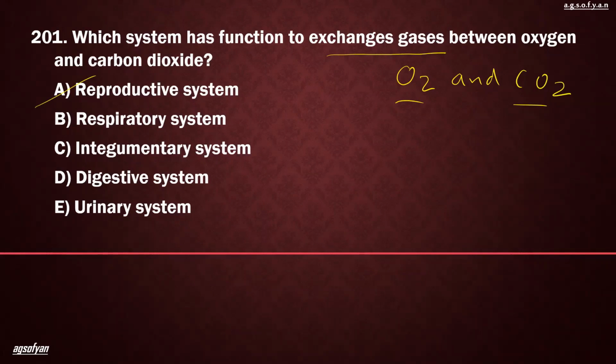I heard digestive system. No, the digestive system is for food. You digest the food. The name is telling you. It's not for gas exchange. This is gas, so this is when you breathe, right?